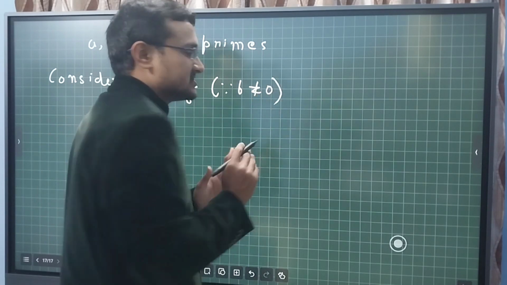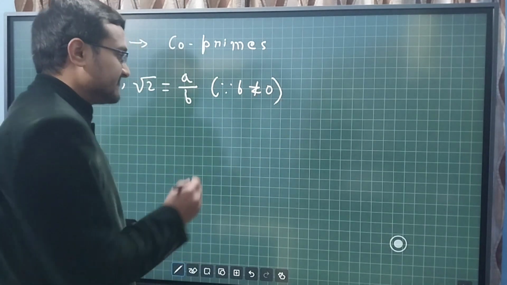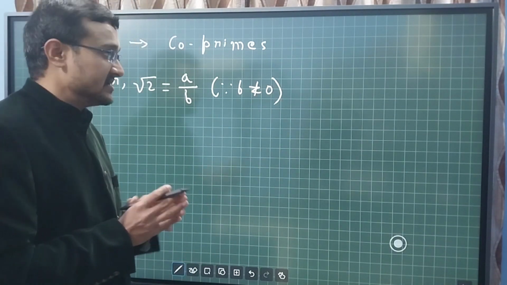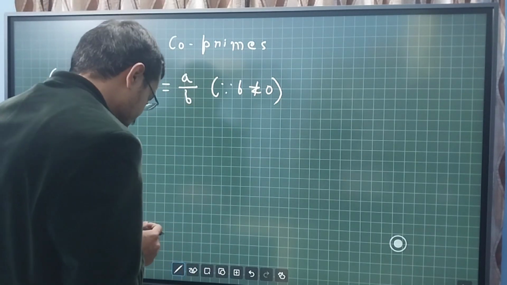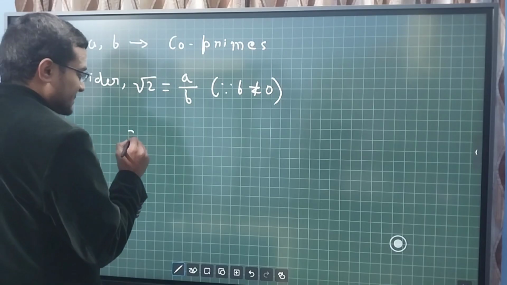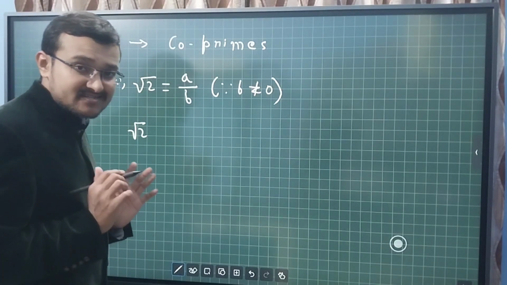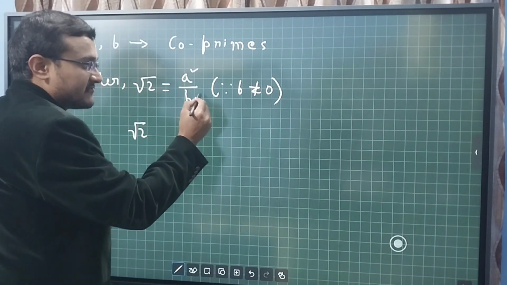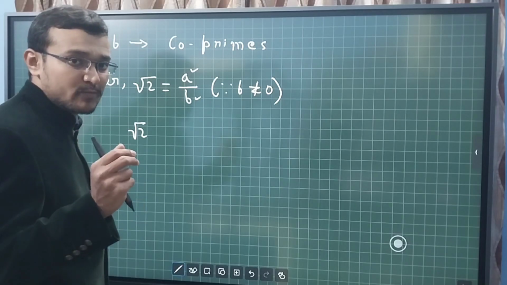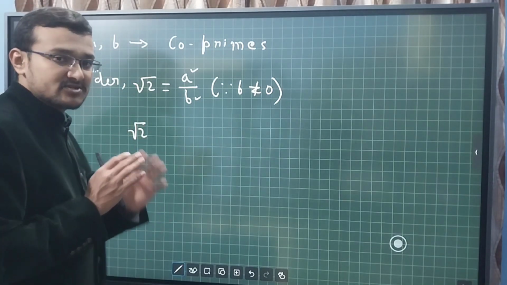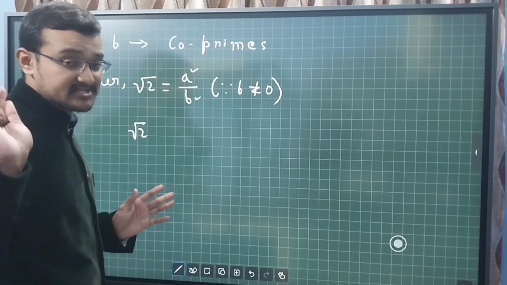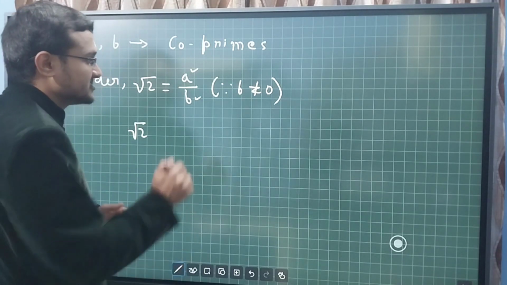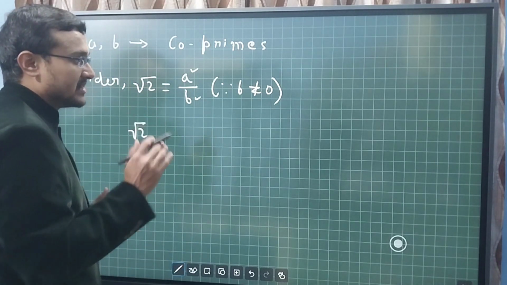Always remember B is not equal to 0. A and B don't have common factors. Because root 2 is a rational number, I can write it in the form of A by B. If it were an irrational number, I couldn't write it like this. In the question we have assumed that root 2 is a rational number, so I can write this as A by B.